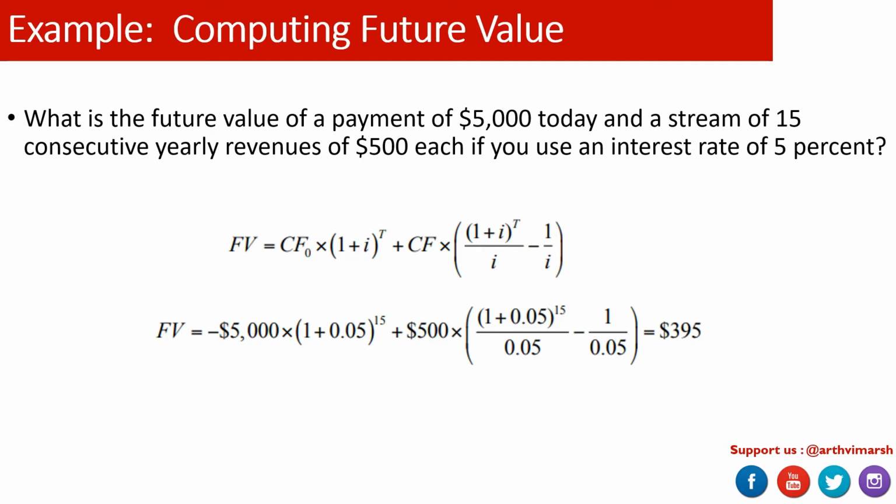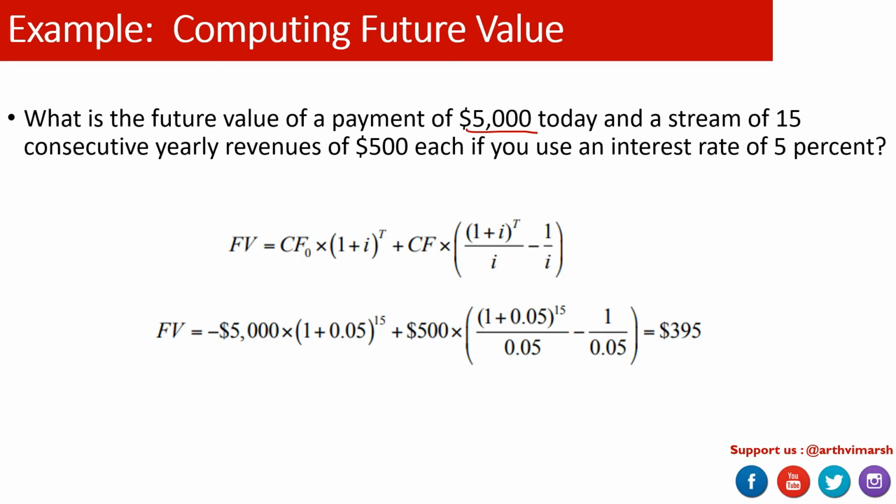Now I'm assuming that you already have attempted the problem. So how to go about it? We simply plug the values into the expression, as you observe here. Like we had discussed, in period 0, when you invest the $5,000 initially, it's a negative cash flow, it's going out of your pocket. But after that, whatever cash flow is coming back to you is positive.